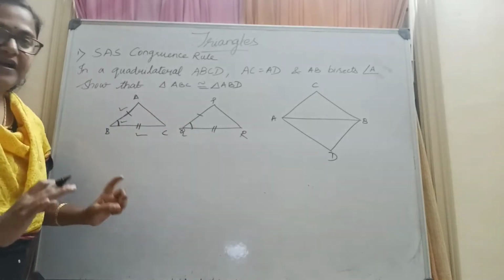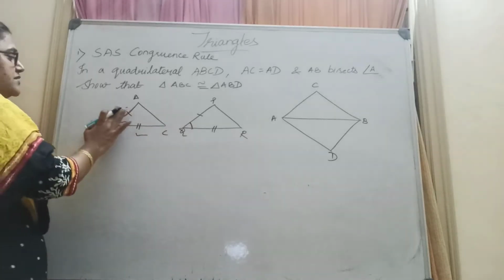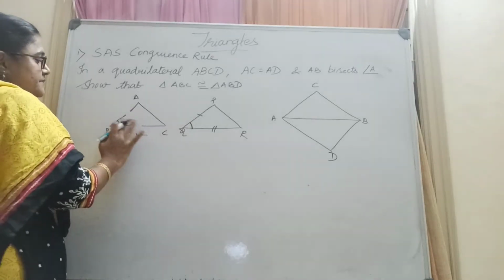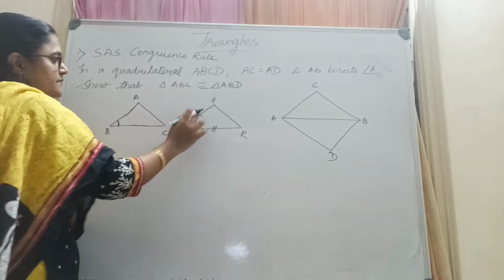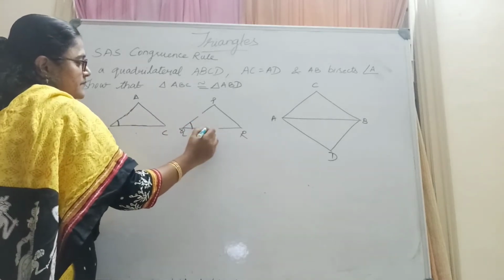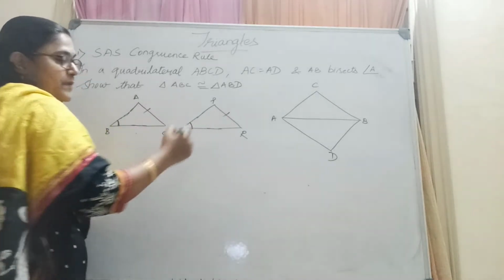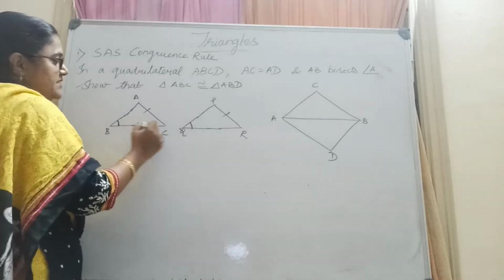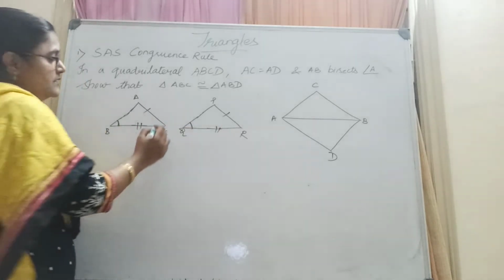There is no hard and fast rule that I should take these two sides only always. I can take any other side also. Say for example, side AC is equal to PR, side BC is equal to QR. So which angle should I take into consideration?